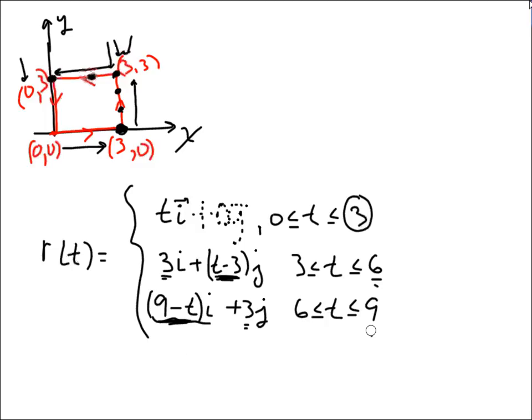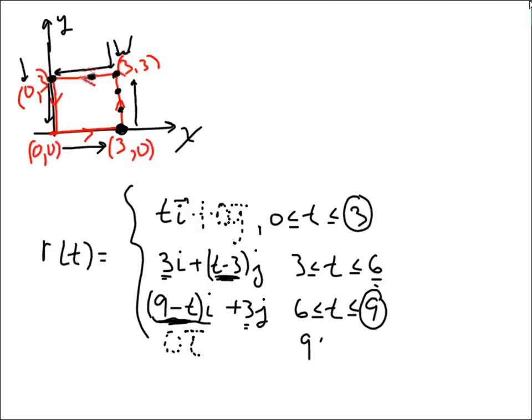Now, we're coming straight down. Along there, x is always 0, so we have 0i plus something in j. y is not a constant; it's going from 3 to 0, a distance of 3.